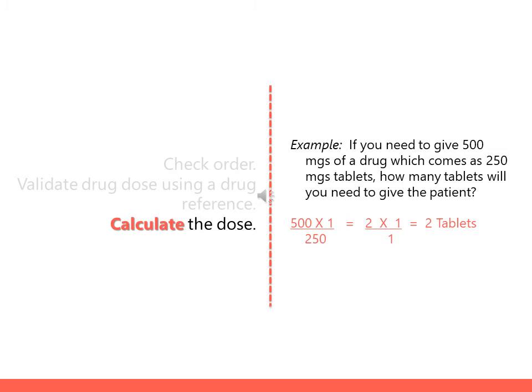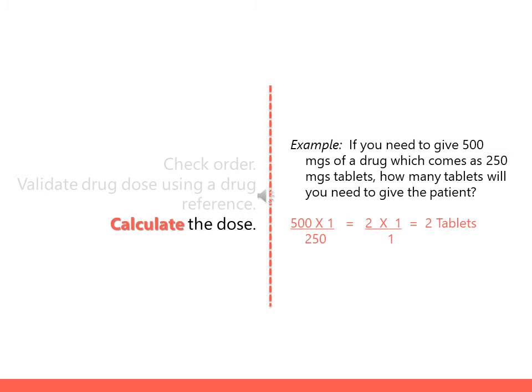Applying the formula, what is the desired? What is the order of the doctor? How many milligrams are you supposed to give to the patient? The doctor says 500 milligrams. Give 500. Okay, that is 500 divided by what's the available. What is the stock? What is the available in the ward? The available tablets in your area is only 250 milligrams per tablet.